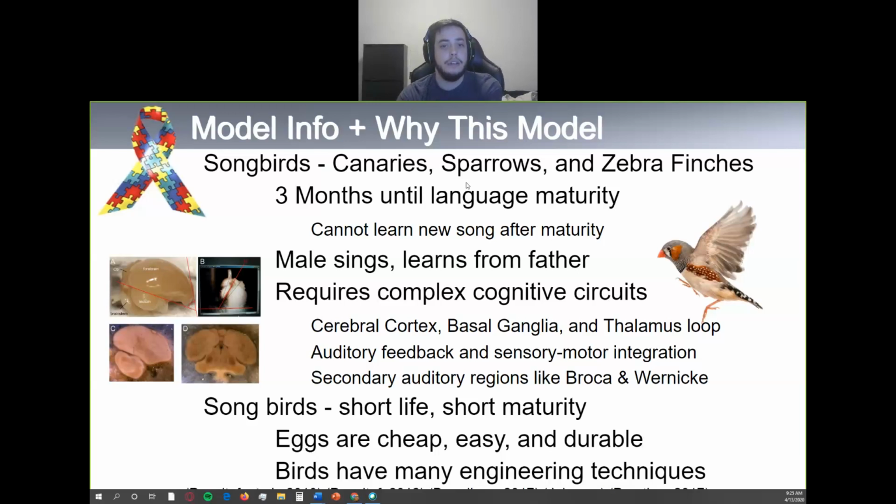Another ideal parallel between songbirds and humans is that the neural circuitry of communication is similar across the two species, involving a loop between the cerebral cortex, basal ganglia, and thalamus.